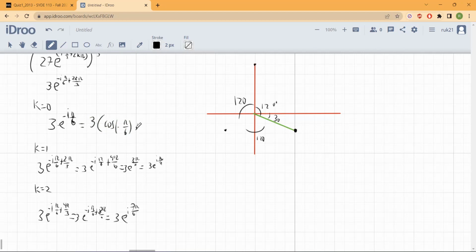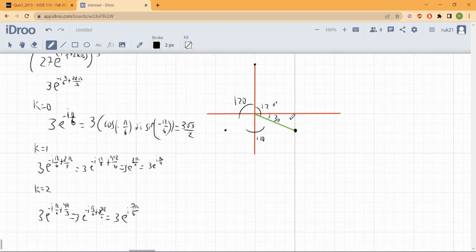And then I'm going to simplify this. So negative 30 is located in our fourth quadrant. So cosine is positive here, and because it's a degree of 30, it's going to be root 3 over 2. So it's going to be 3 root 3 over 2.